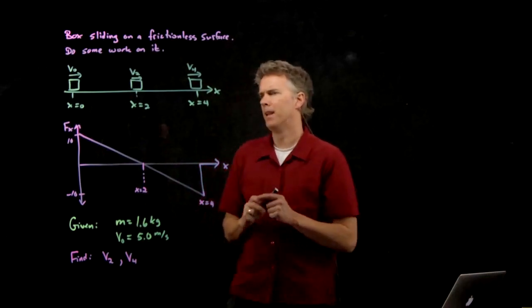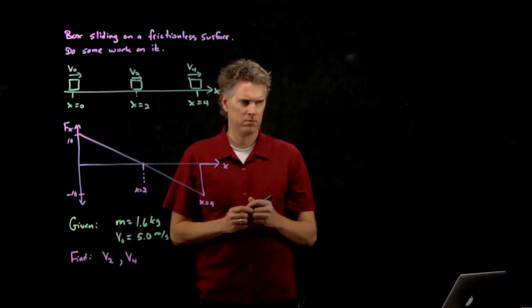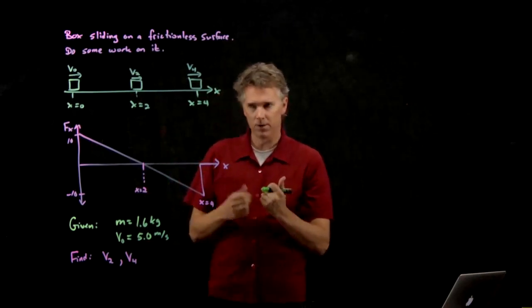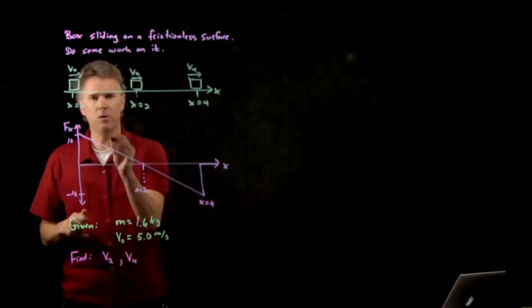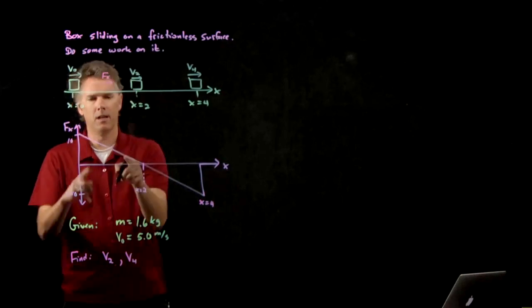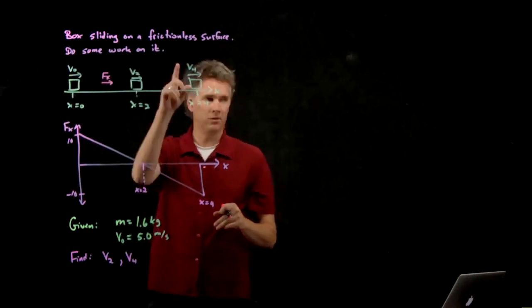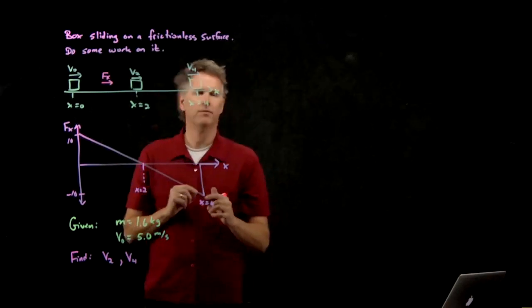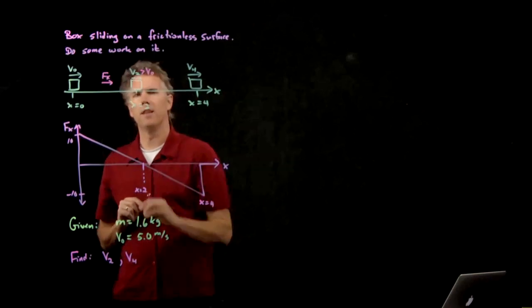But is the force in this region to the right or to the left? It's to the right. Even though it's decreasing, it is positive in that whole region. And so v2, is it going to be going faster or slower? Let's say it's going to be faster. That's our guess.